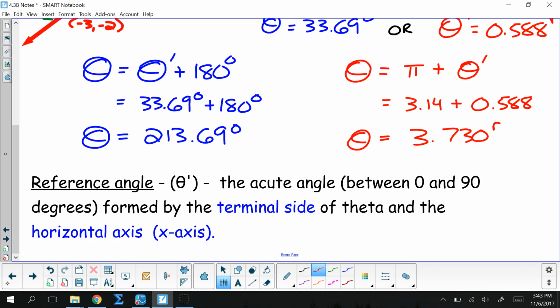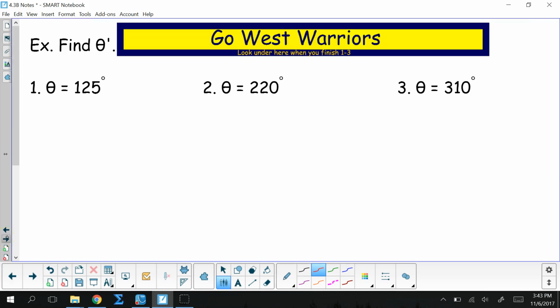Major point: reference angles come off of the horizontal axes. So, it's asking us to find our reference angle. Theta prime is our reference angle. So the first thing that I'm going to do is say to myself, 125 degrees is going to be, there's 90, and I'm going to keep going just a little bit more, and it's going to be up in here.